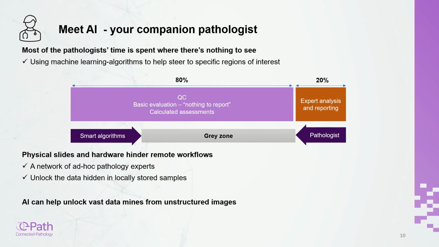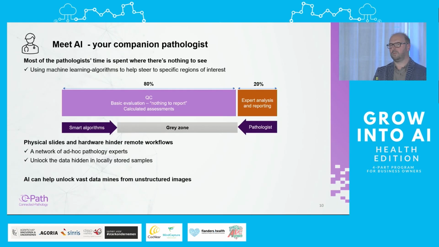They do some quality control and some image processing. Where we really would like to move it is up throughout the 80%. The more we can recover at that time, the more efficiently the expert can use their expertise in doing pathology. On top of it, these physical slides and hardware hinder the remote workflow. So the more digital we can work, the better the gain.